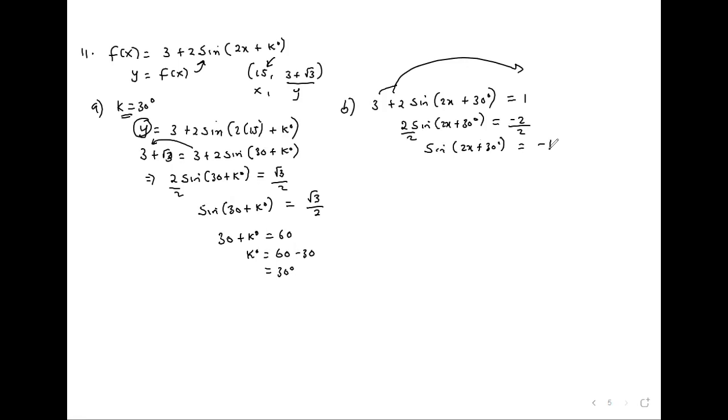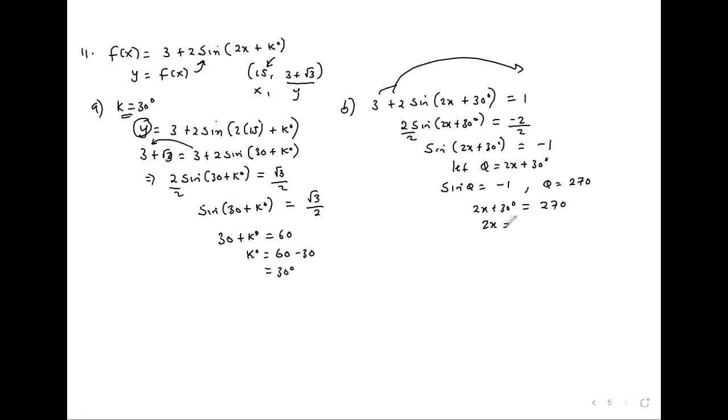Then what happens next? You let theta be 2x plus 30. Now we know that sine theta is equal to negative 1 only when theta is 270. So 2x plus 30 degrees is equal to 270.